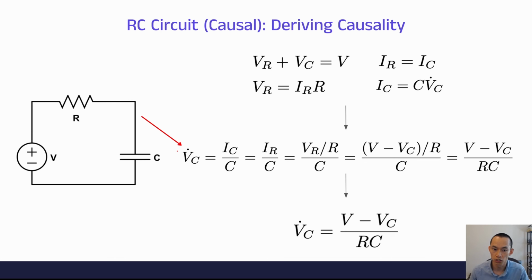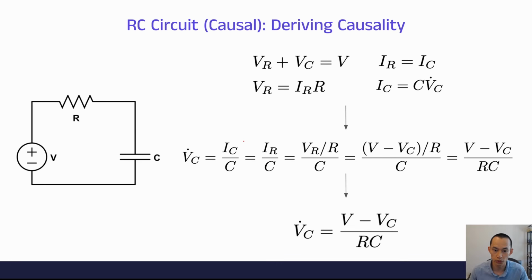The first thing we want to do is find an equation for V_C dot, and we do that by rearranging this equation. We take this equation and divide both sides by C, and when we do that, we get this relationship: V_C dot is equivalent to I_C over C.